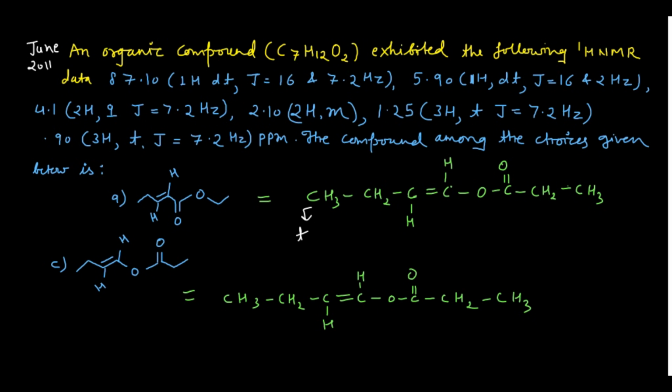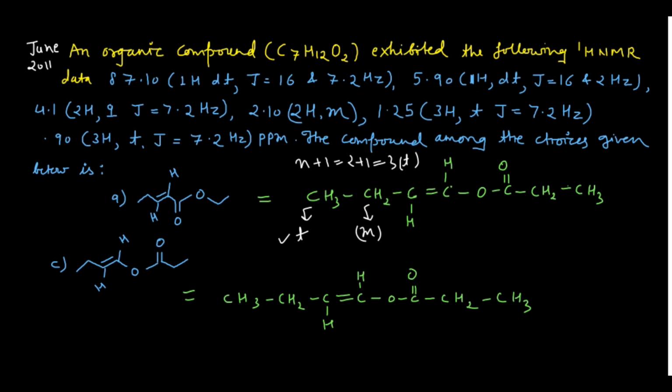If you apply the n+1 rule, here on the next carbon two hydrogens are there, so it simply gives you 2 + 1 equals 3, that means it is a triplet. And for this, which is the center CH2, it would be a multiplet, M.